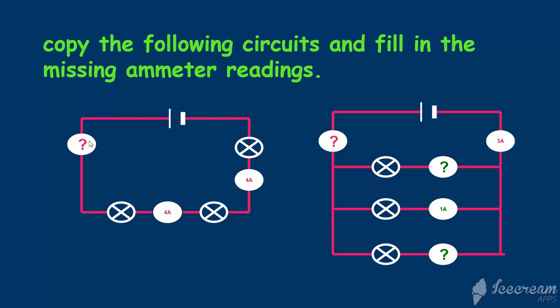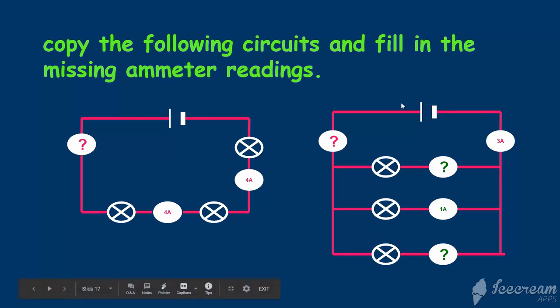And current, what you measure with an ammeter, is the amount of electrons that are passing through it. So how many amps are you going to get in this ammeter? I'm sure you know it. We're going to see the solution later. Now copy this and try to do it again.